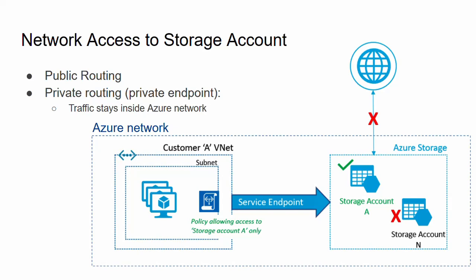If you want to access your storage account from your VNet, very likely, so these are two VNets, right? Azure has its own VNet for their storage account, and you have your VNet. Usually, when you try to access the storage account, you have to go out to the public internet and get into Azure storage. So this is the popular routing.